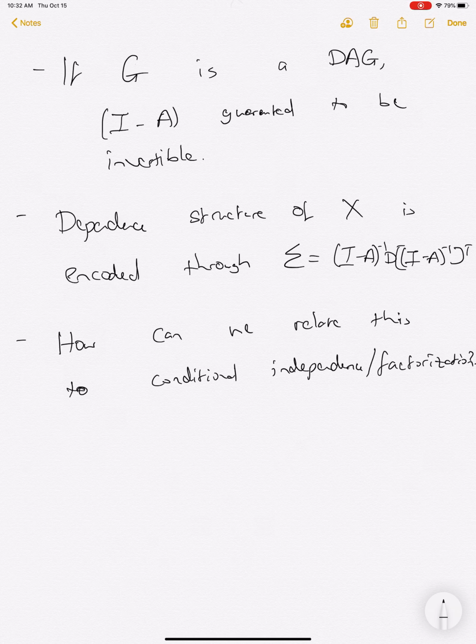And the last comment I'll leave you with, before we go into this in more detail in the next lecture.